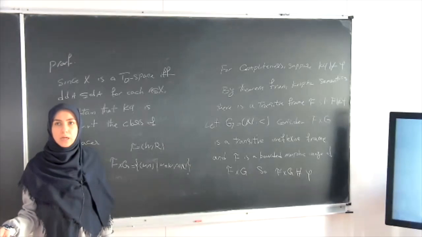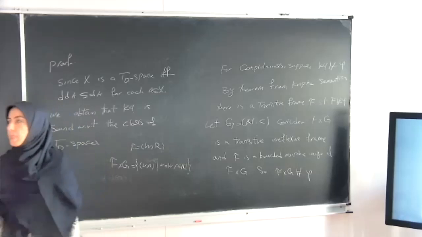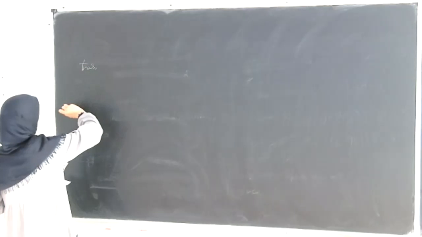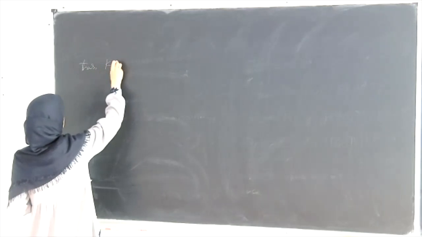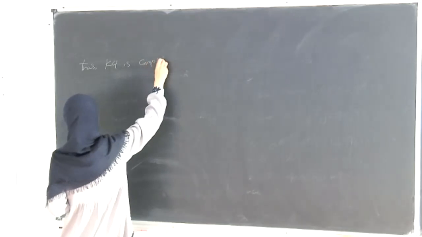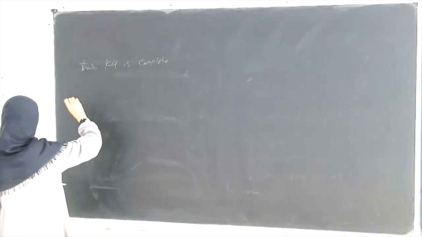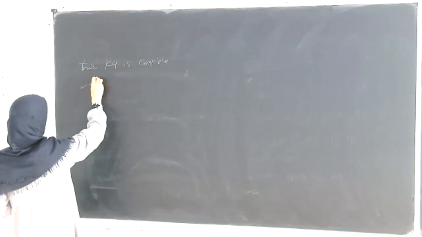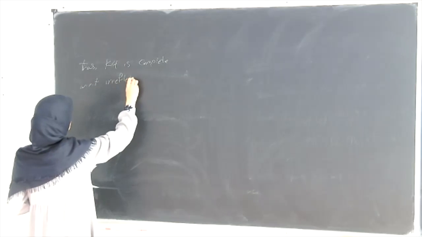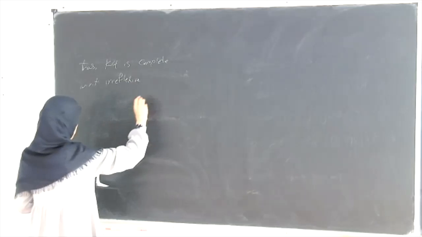Then we can make our frame irreflexive. And then we can prove that by this result, K4 is complete with respect to irreflexive transitive frames.